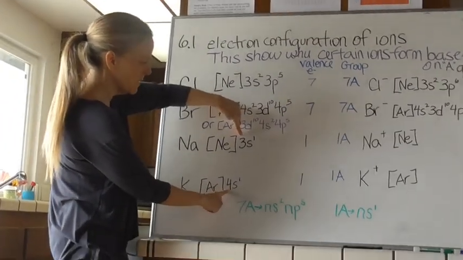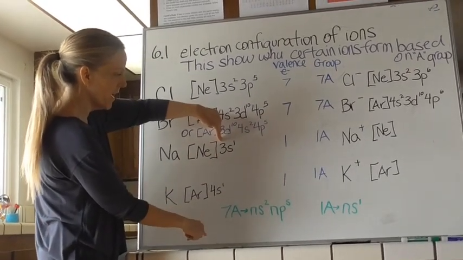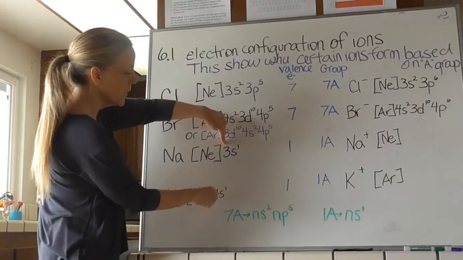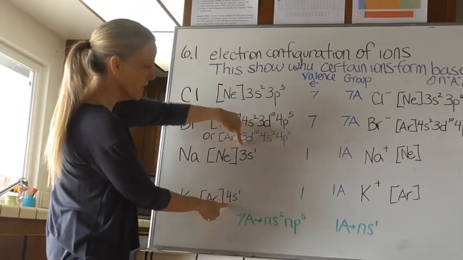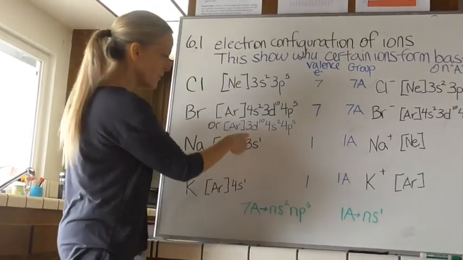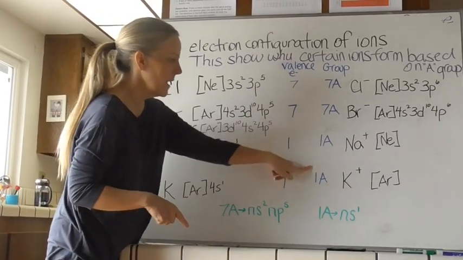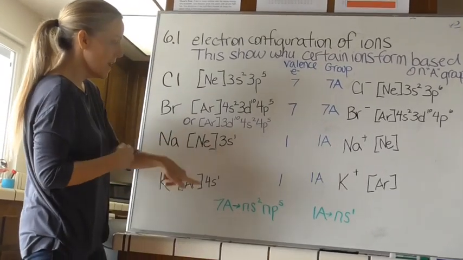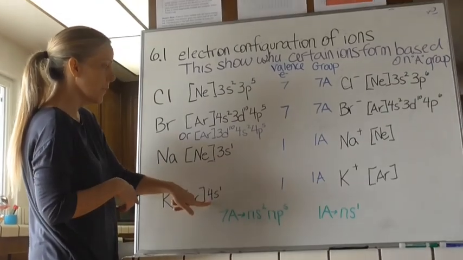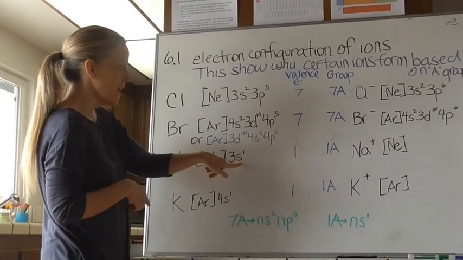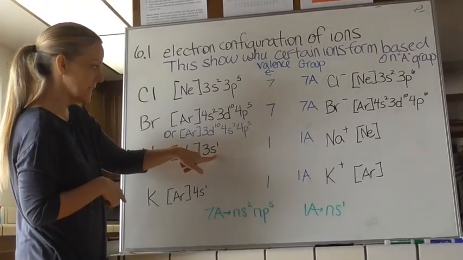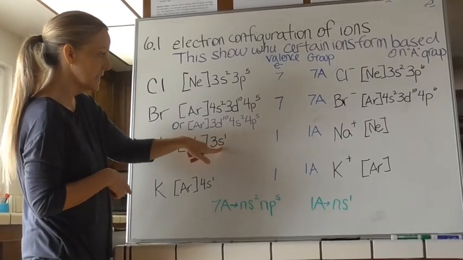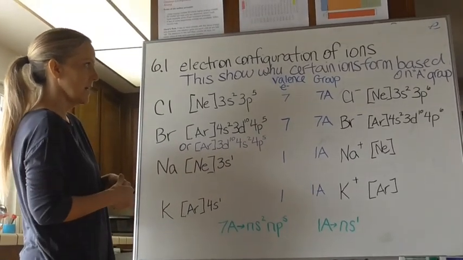See how n could be 3, 4, and we go down to 5, 6, 7. So when you go through those, you're showing different n values, but for that column, 1A, all of them may have a different principal quantum number, but the subshell that electron exists in is always going to be an S.